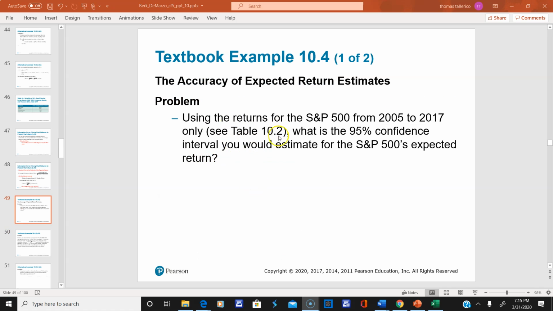As another example, using the returns for the S&P from the period 2005 to 2017, what is the 95% confidence interval you would estimate for the S&P 500's expected return?